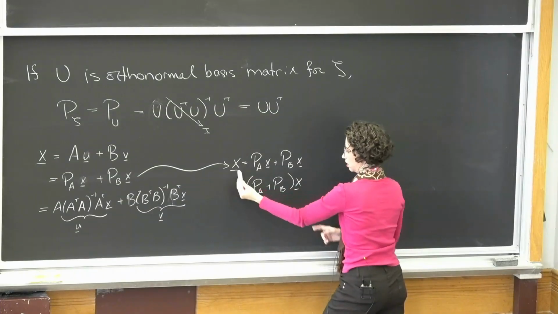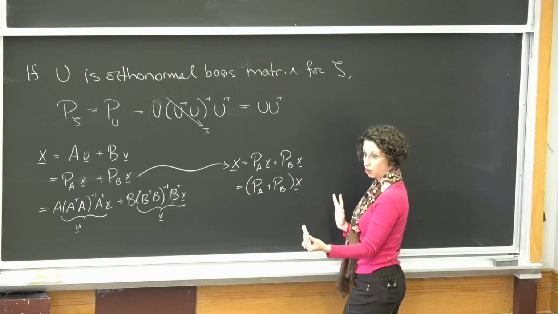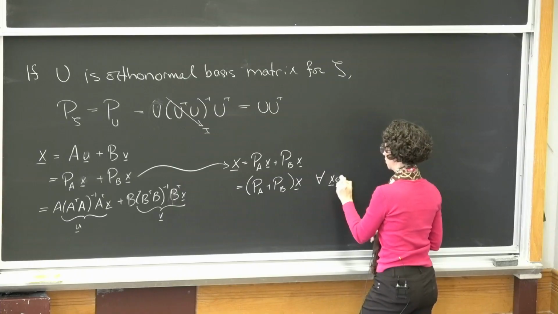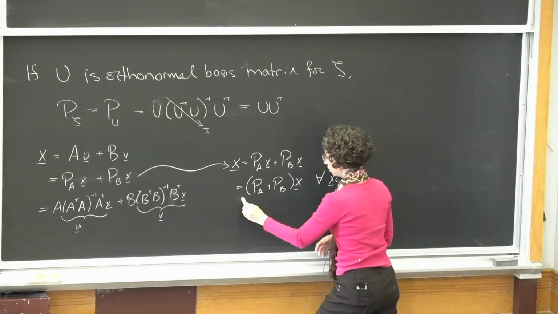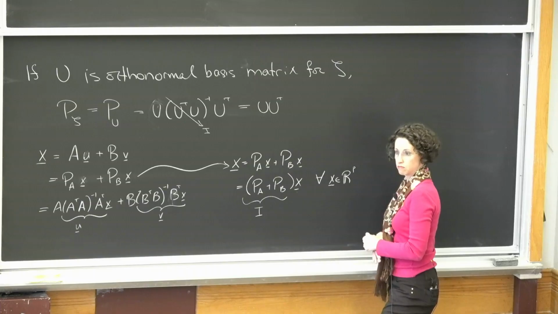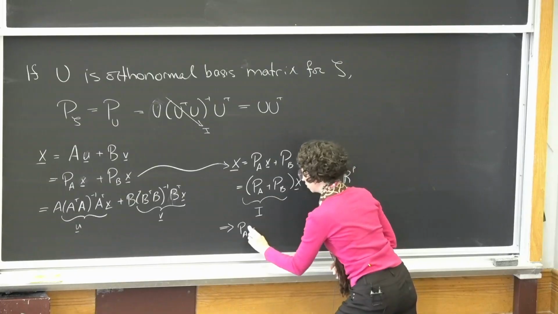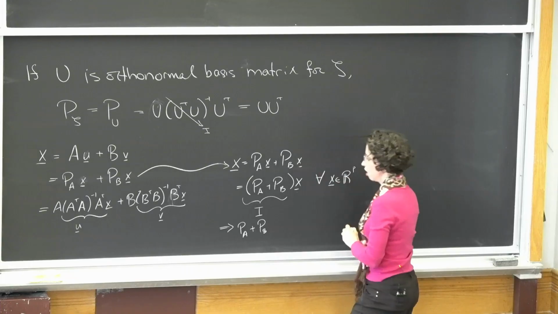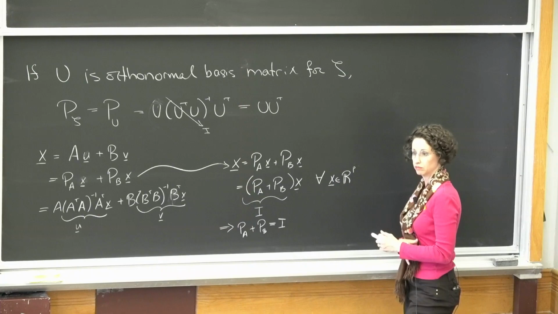So now I'm saying x is equal to this matrix times x, no matter what x is, for all x in my p-dimensional space. So what matrix would make that true? The identity matrix. And so that's how we get that the projection matrix onto a subspace plus the projection matrix onto its orthogonal complement, together, are the identity.